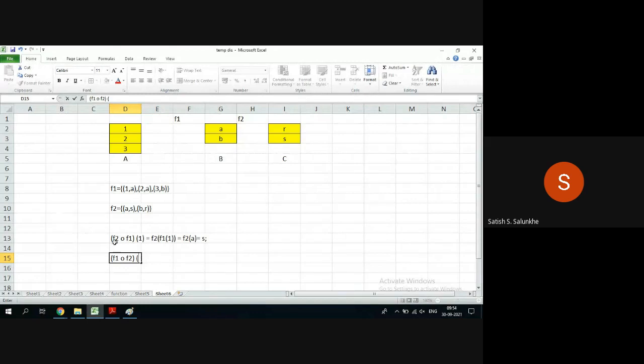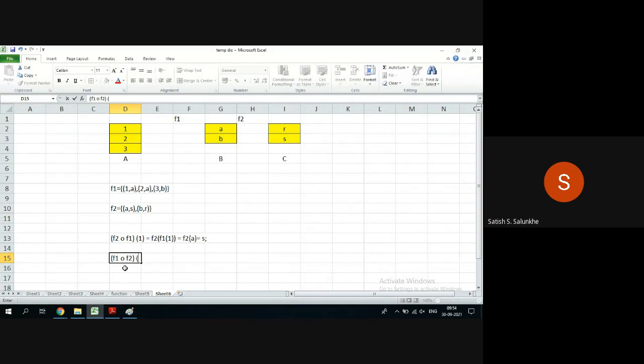As you have seen here, for f2 composition f1, first you are applying f1. f1 is from A to B and f2 is from B to C. So f2 composition f1 is A to C, because we map A to B and then B to C.